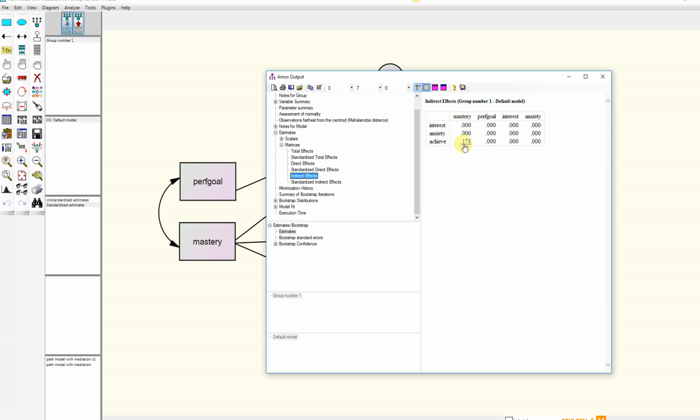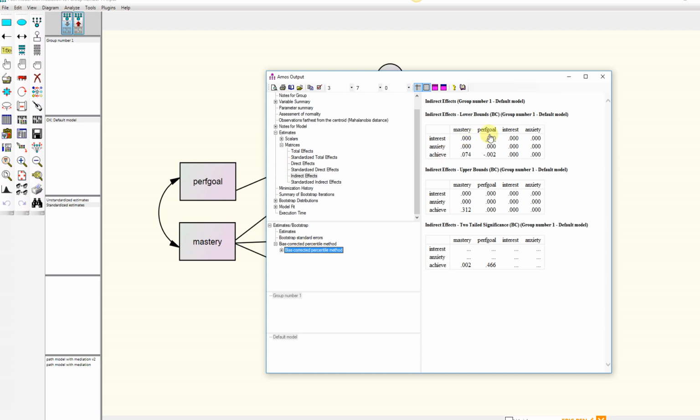If I want to test this for statistical significance, then I can click on bootstrap confidence. Here I've got a 95% confidence interval for the unstandardized indirect effect of mastery on achievement. The lower bound of that interval is 0.074. The upper bound is 0.312.